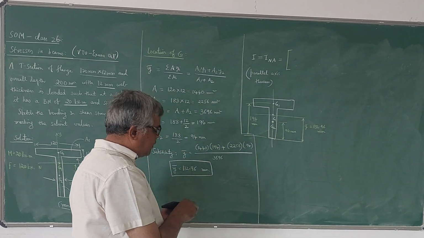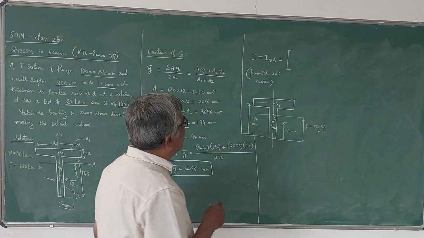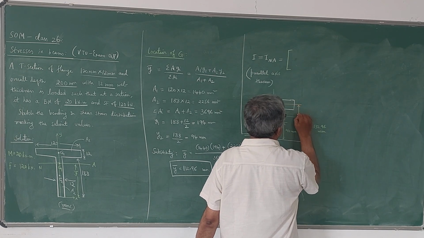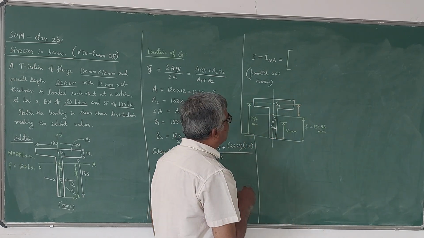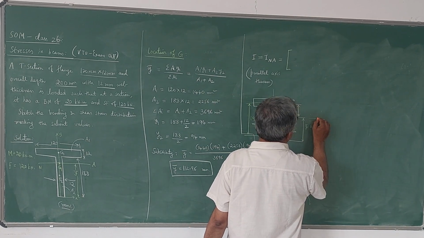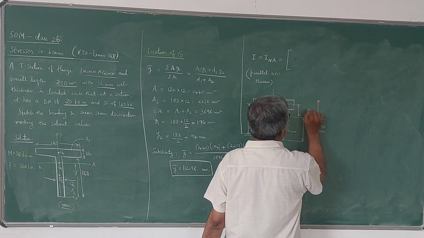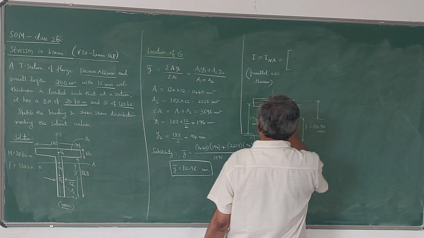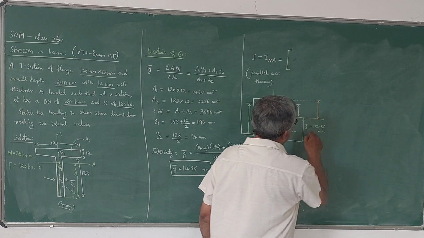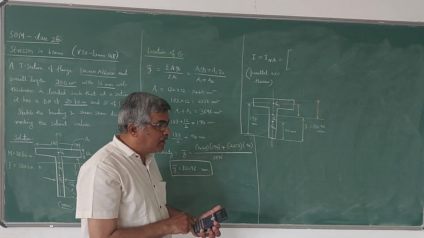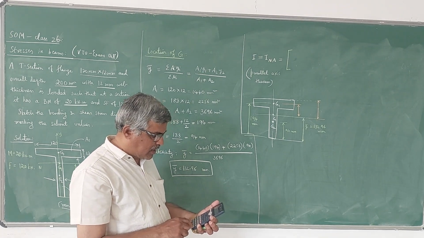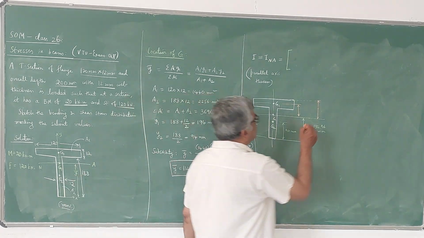Now from this you can calculate the distance between G and G1. Suppose this is 132.96, let us calculate this value. Total is 200. 200 minus 132.96, which is 67.04.